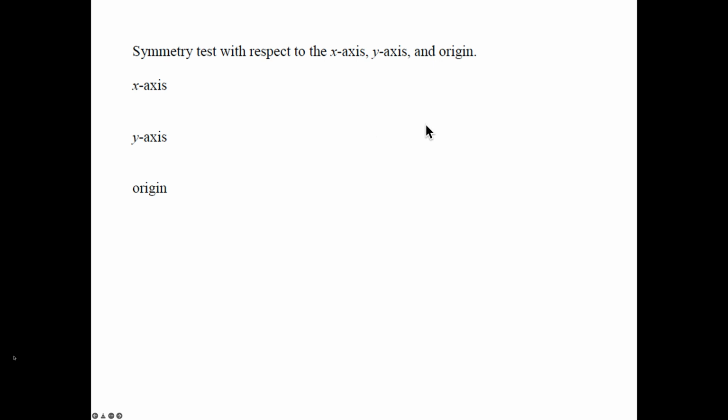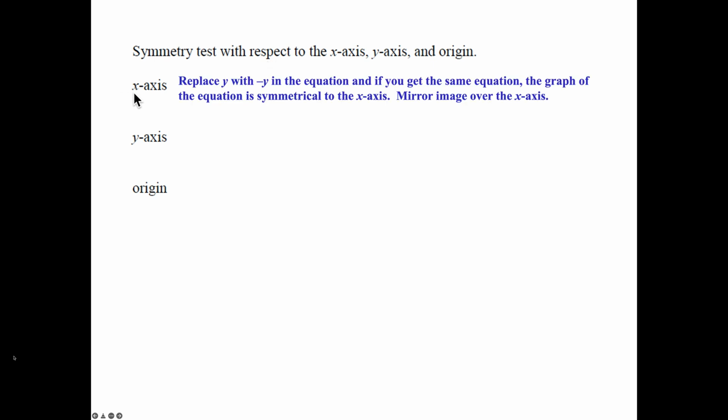So we're not going to always be able to graph the equations that we encounter because they're going to be just too difficult to enter into the calculator to get a picture. So we're going to do this more algebraically.